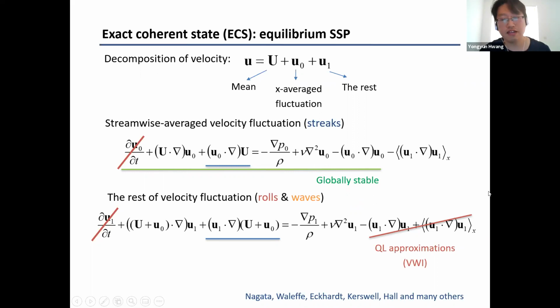We realized that this nonlinear term is related, in turbulent flow, to the energy cascade. Therefore, the production-dissipation balance in the exact coherent state is based on the production and the dissipation created by the critical layer. But in turbulent flow, this production is balanced with the energy cascade.